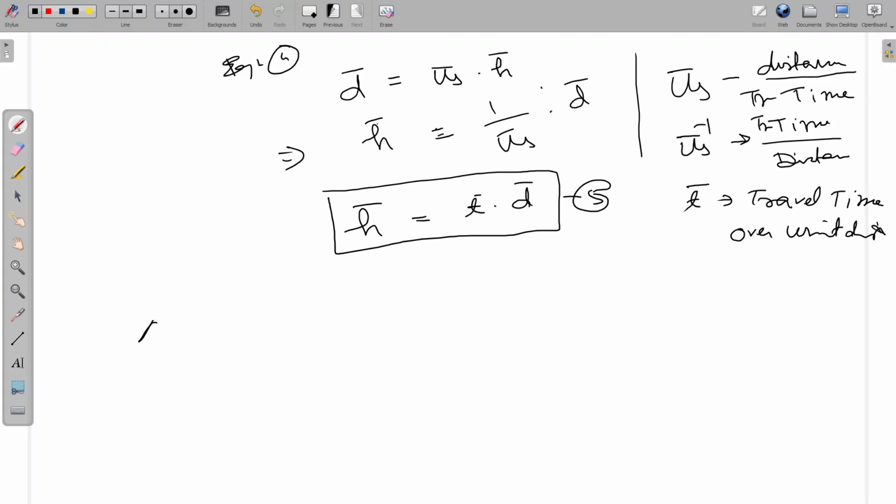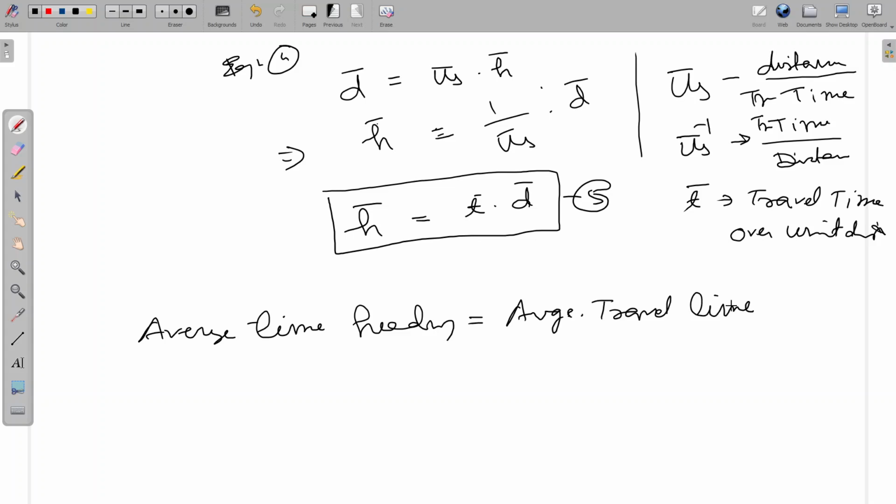I have written that average time headway is equal to average travel time over unit distance, multiplied by average space.